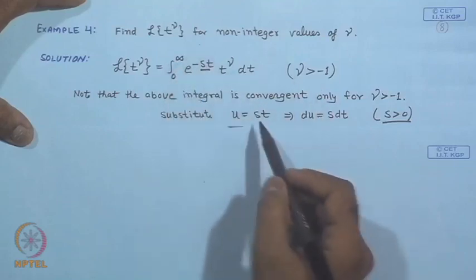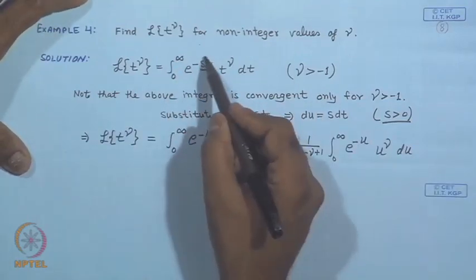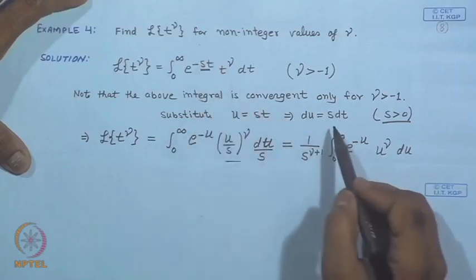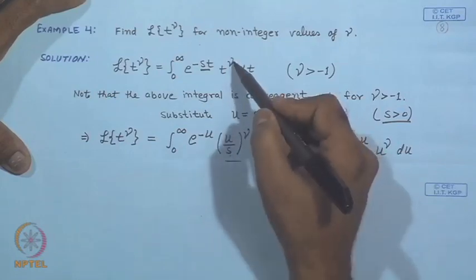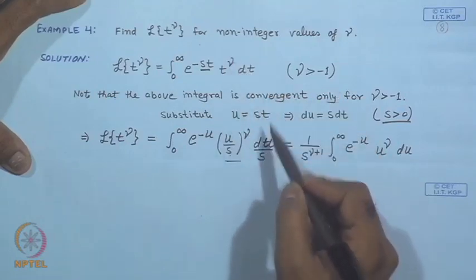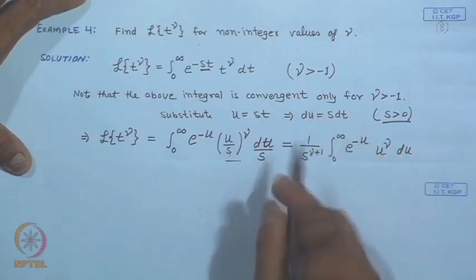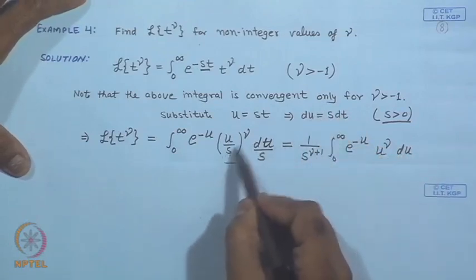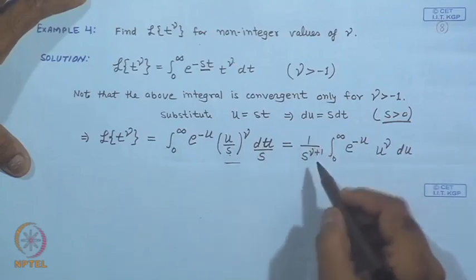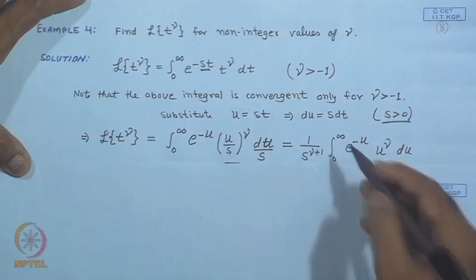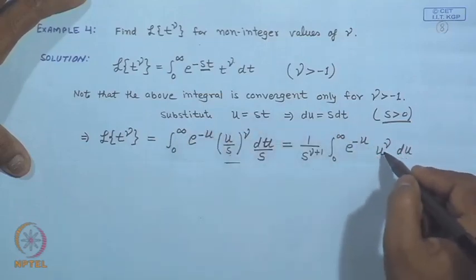So, now the limits will remain 0 to infinity e power minus u, and t is u over s power nu, and dt is du over s.